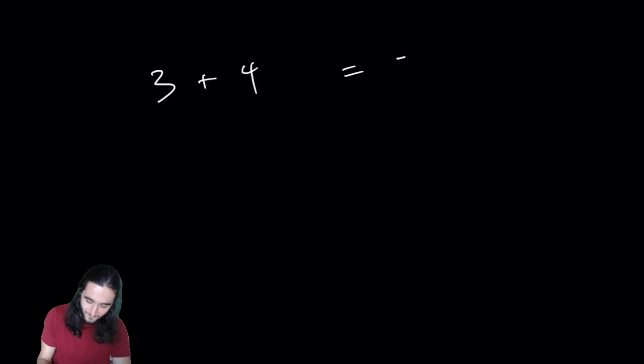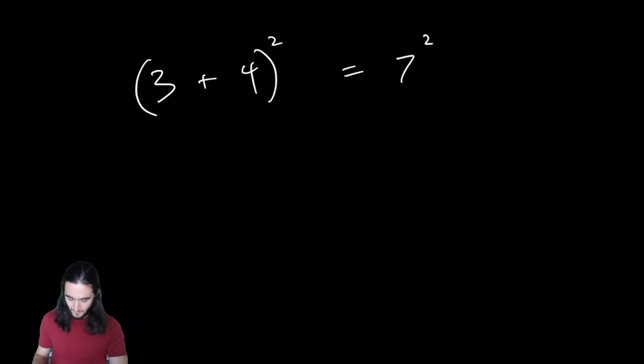Allow me to show you an example to illustrate. 3 plus 4 is 7, right? Well, check it out. If we square both sides, I will show you that it is not legit to distribute this exponent, right?